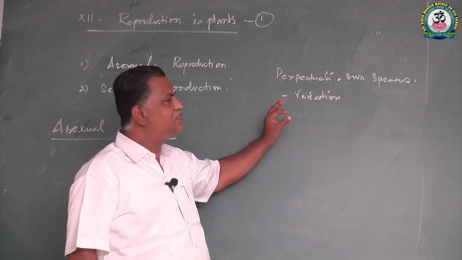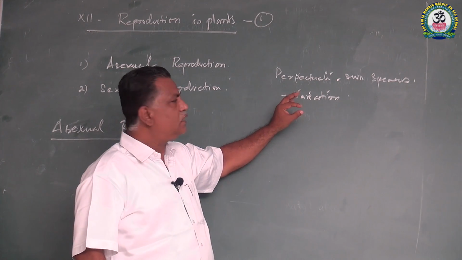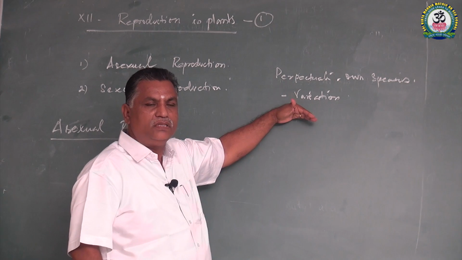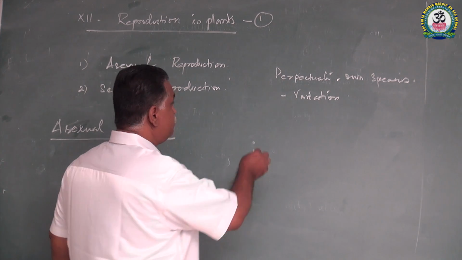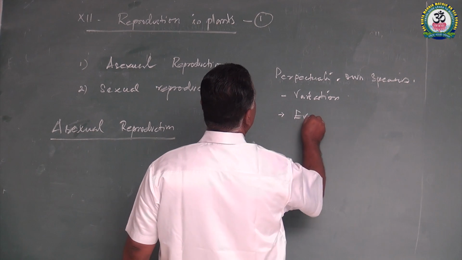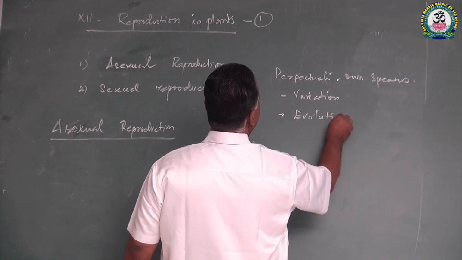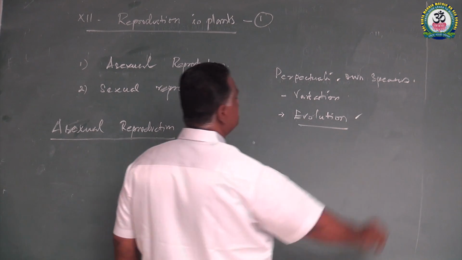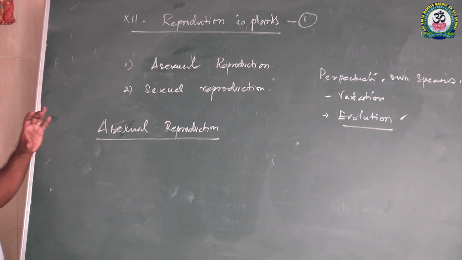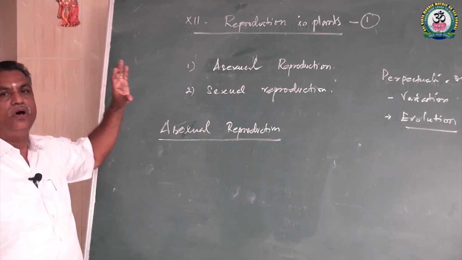Yes, variation is an essential tool for the organism to survive in future generations or in the changing environment. And this variation results in the evolution of species. So, reproduction is one of the important features of all living organisms.